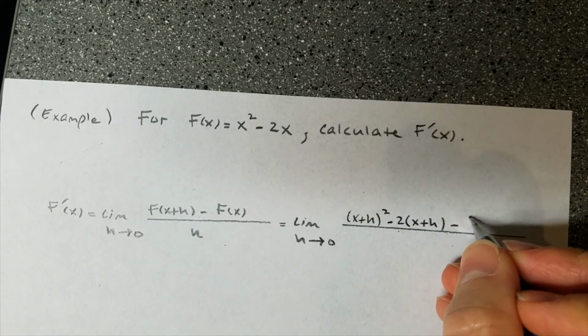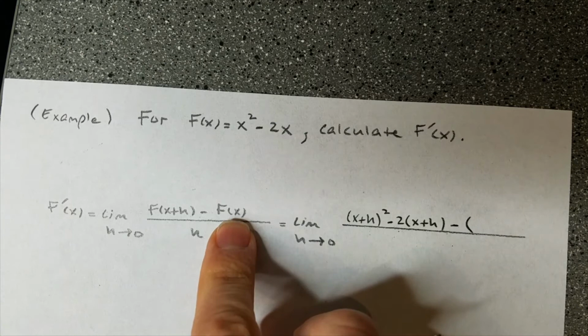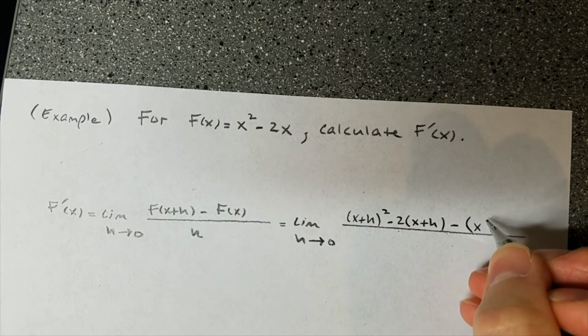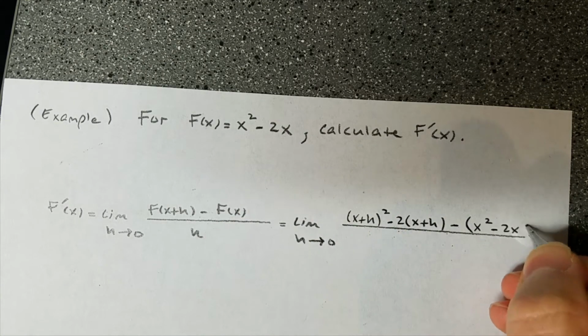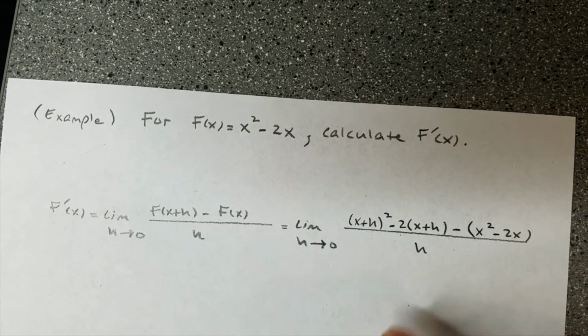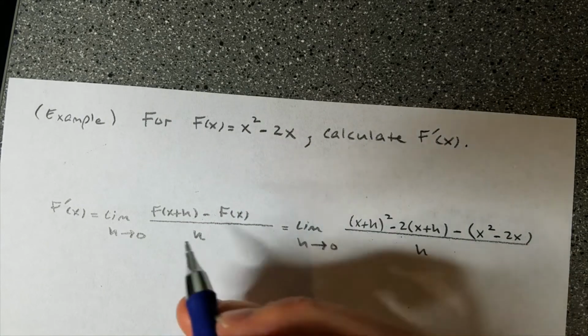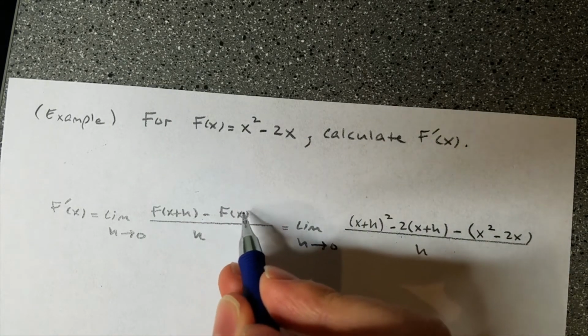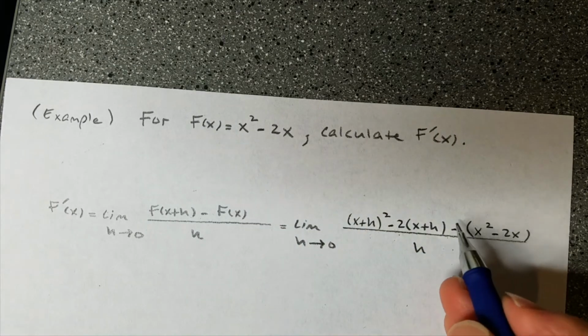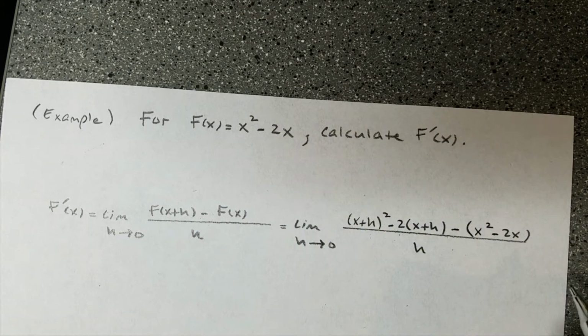And then I subtract f of x, which is x squared minus 2x, and divide that by h. This subtraction must apply to that entire thing, whatever it is. So I wrote the subtraction, I wrote a parentheses.